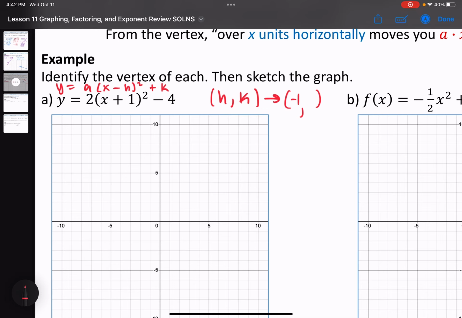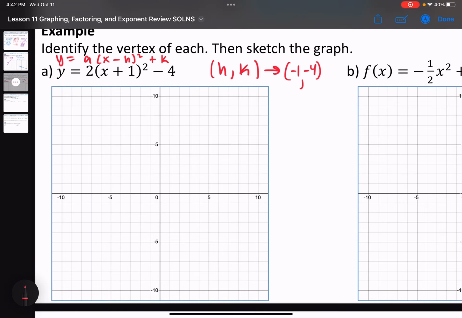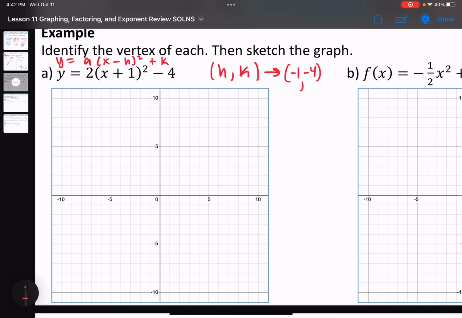It's supposed to be minus h. In this case, it's plus, so it's the opposite sign, so -1. And k is -4 because this thing moved down. Let's go ahead and graph this point. Our h and k is at -1, -4, so somewhere around here. And if you want, you can label these points.